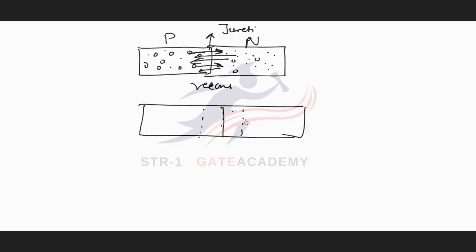This depletion layer will consist of positive ions on n side and negative ions on p side. This depletion layer has positive charge on n side and negative charge on p side, and due to this a potential is developed across the depletion layer, and due to this potential an electric field will be induced which is directed from n side to p side.